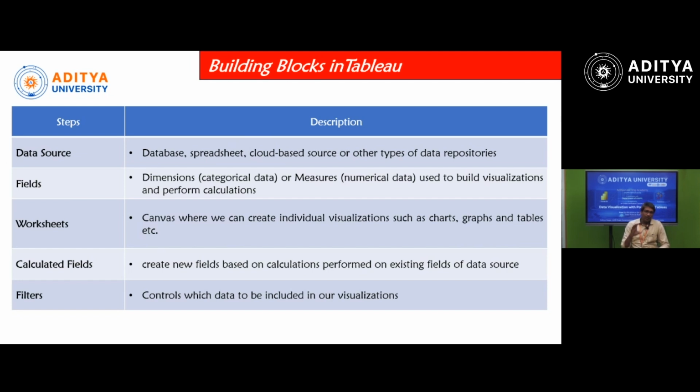In your Tableau, you will mainly have two types of fields. One is dimensions, another is measures. The dimensions will deal with categorical data, like if you take location, location will vary from one location to another location.